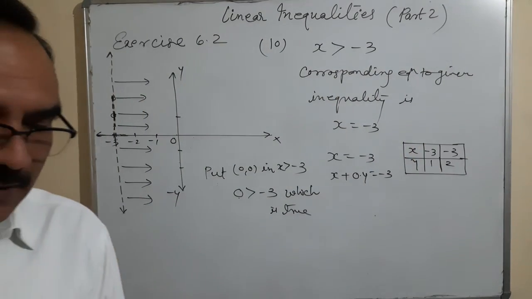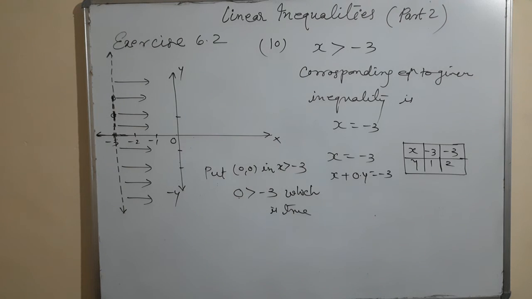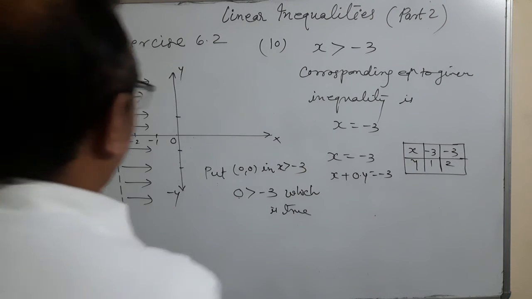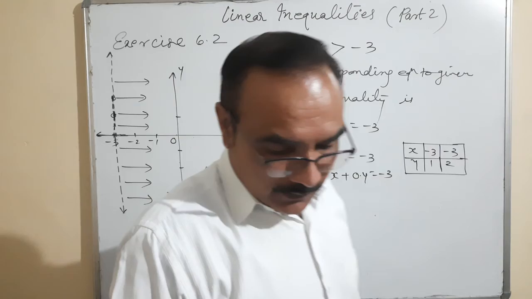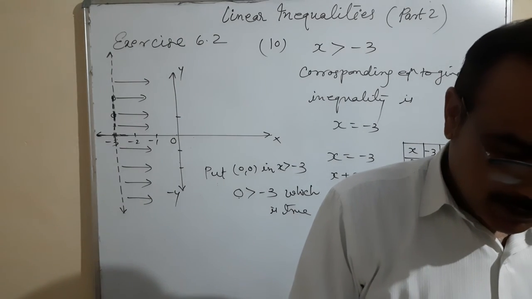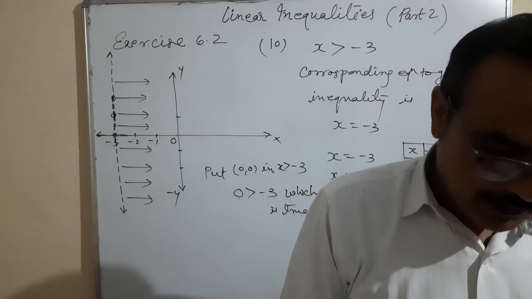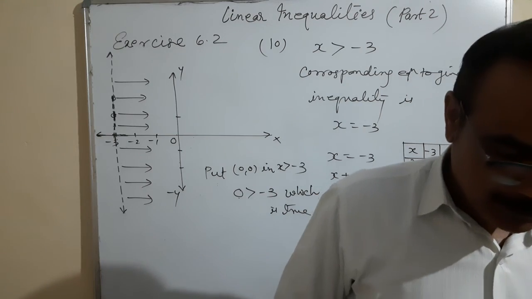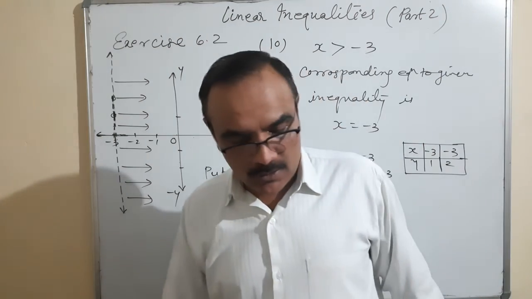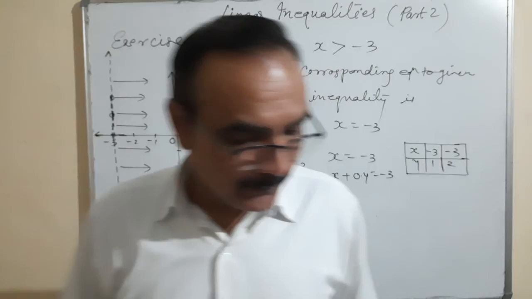So this is exercise 6.2. Exercise 6.3 also I want to take some questions of it because they are also of the same pattern. In place of 1 there are 2 or more lines, okay.